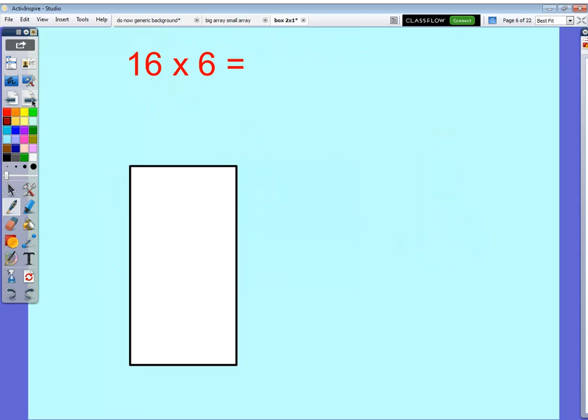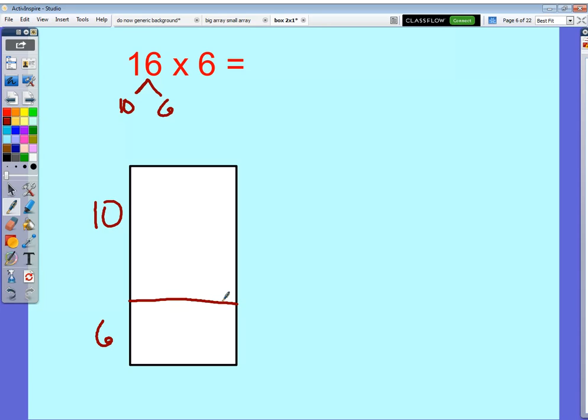Let's do one more example. Here's 16 times 6. I'm going to break my 16 up into a 10 and a 6. So this time I'm taking my 16 by 6 array, and I split up the 16 rows into 10 and 6. Draw my line about here.